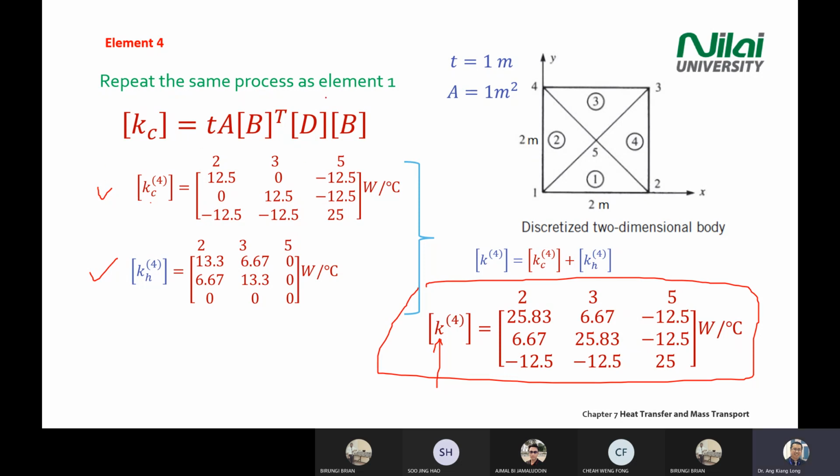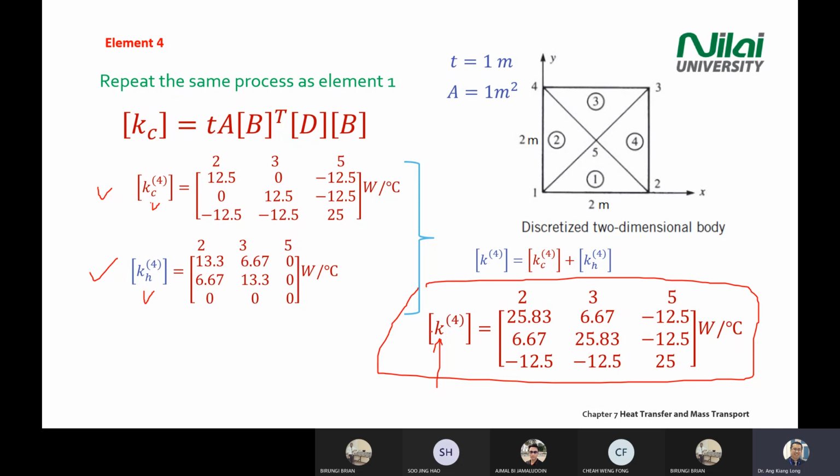Okay, so it's a little bit complicated for element 4. Element 4, you have 2 mechanisms, conduction and convection. So when you need to analyze element 4, especially when it comes to their stiffness matrix K, you combine them together, you get one value.